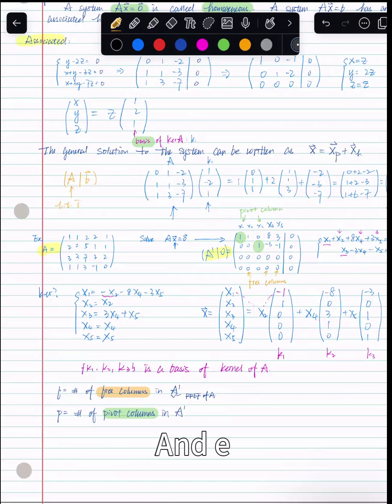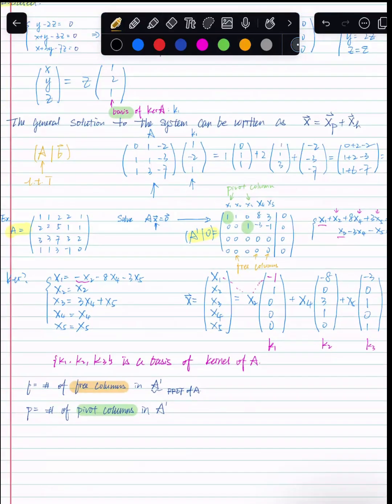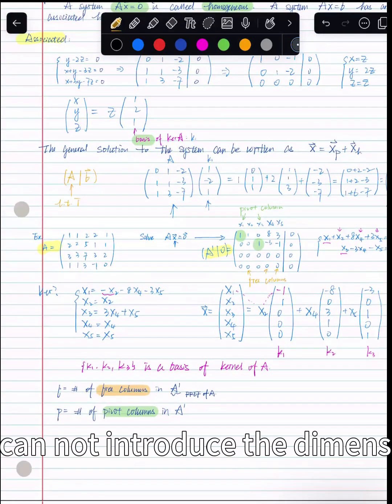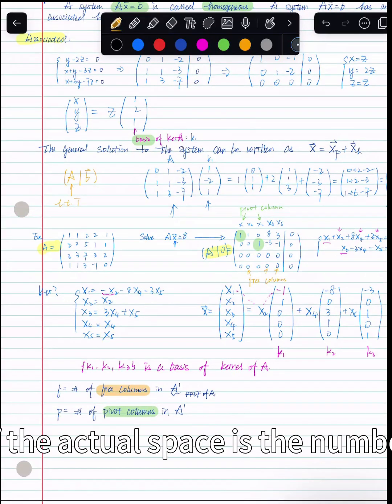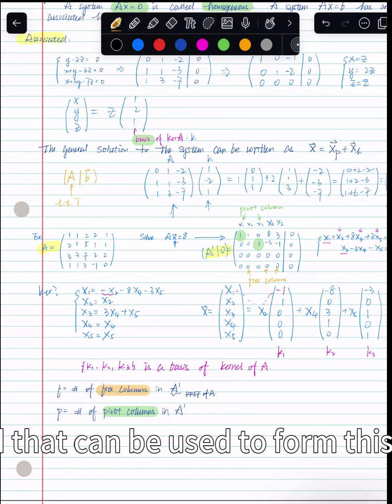And we haven't introduced the dimension of a vector space yet. But basically we say the dimension of a vector space is the number of basis vectors that can be used to form this vector space.